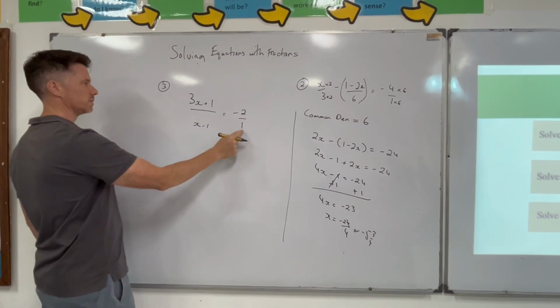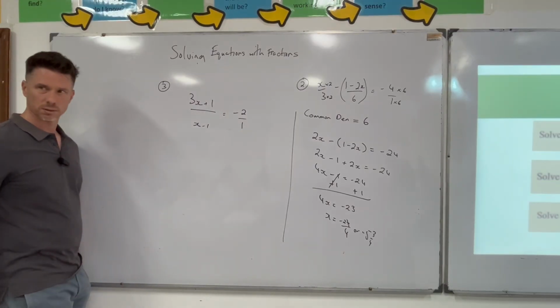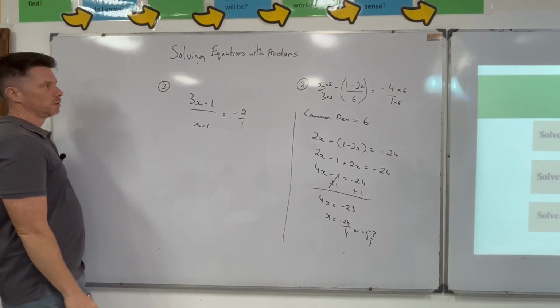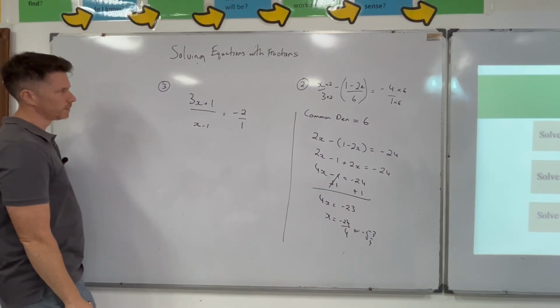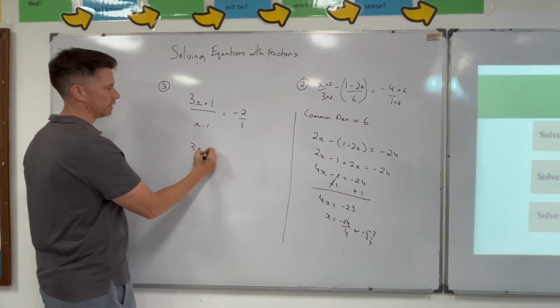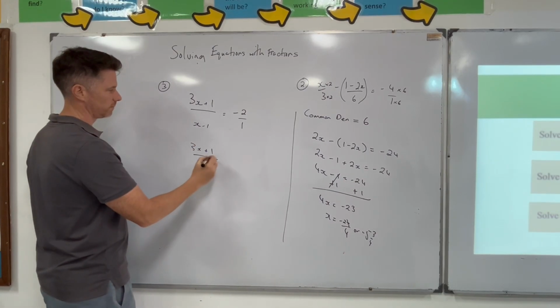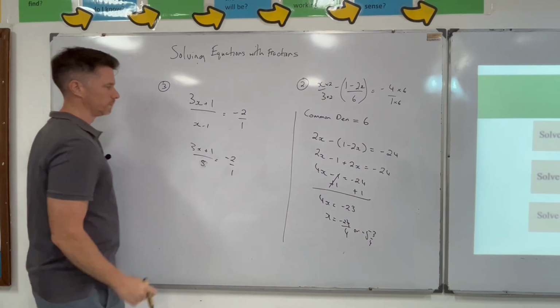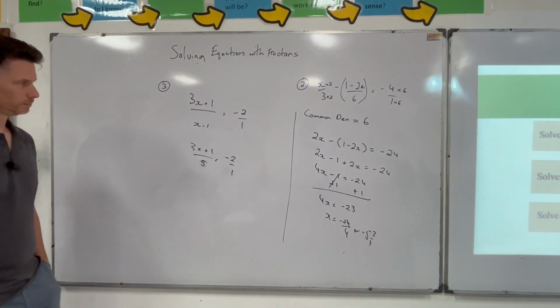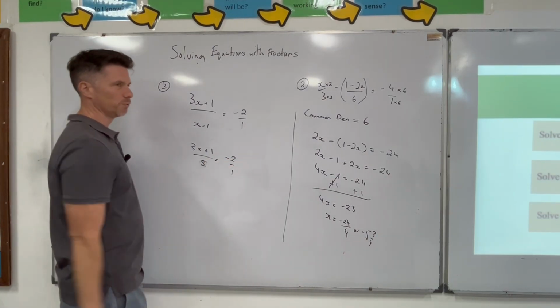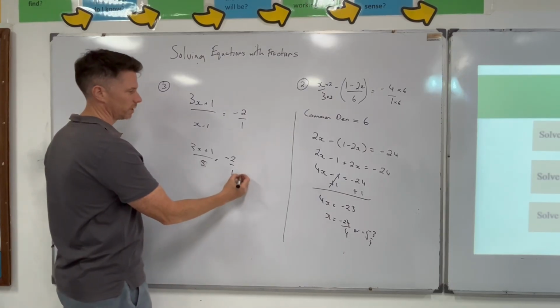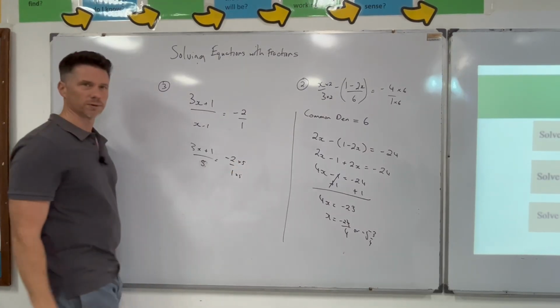So how do I write this one over x minus 1? If this was the same question, we had this. Let's use a different number. We had 6 last time. 5. What would you do? Multiply 5 to both sides, because if I write this over 5, now we have a common denominator.